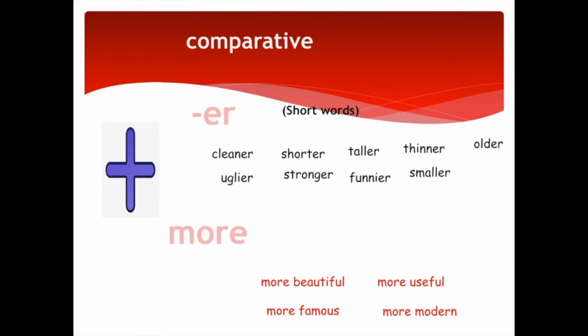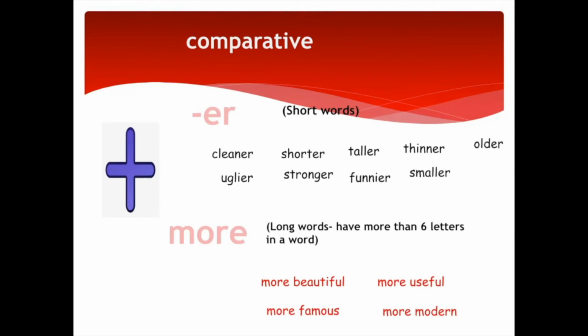And the next one is the comparative degree of adjectives. We are adding the word more to the long words. Long words means it has more than 6 letters in a word. Let's take the word beautiful. Let's count how many letters are there.